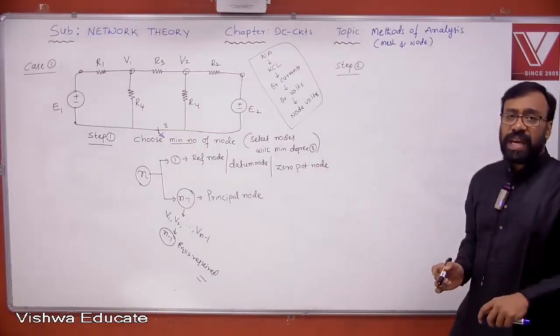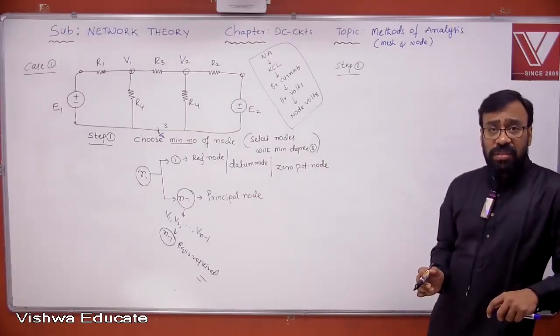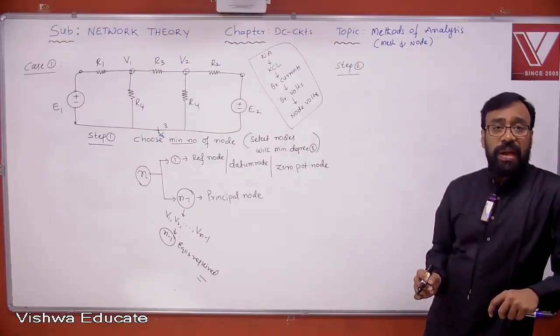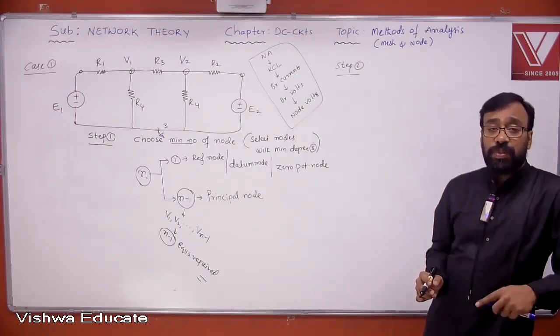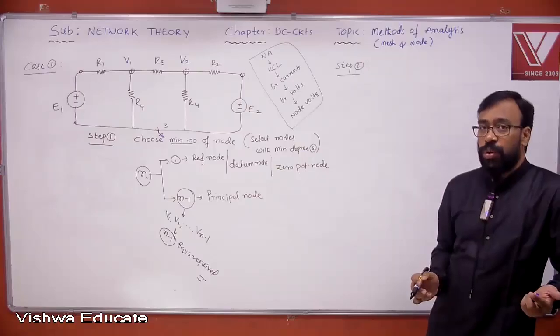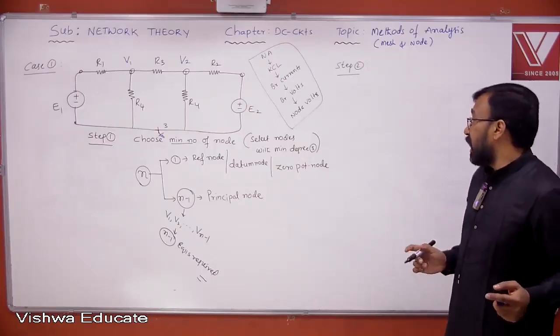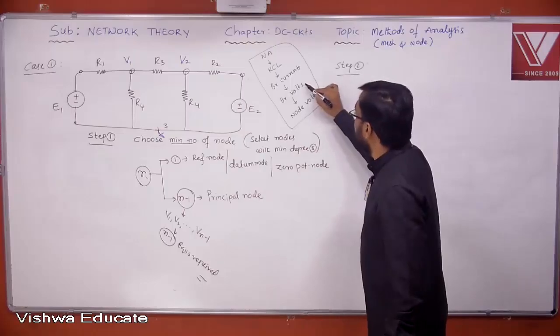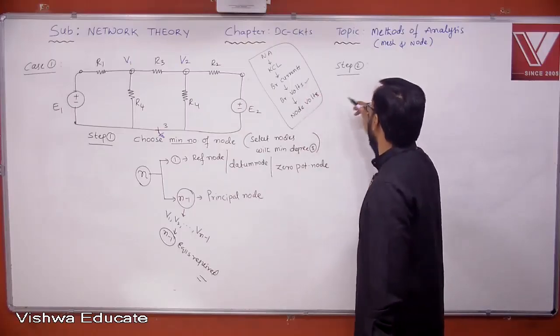For KCL to apply, you require branch currents. To find branch currents, you require branch voltages. But these branch voltages are expressed in terms of what? Node voltage. So very simple. That is why the first step we already did. The second step is we find branch voltage in terms of node voltage.